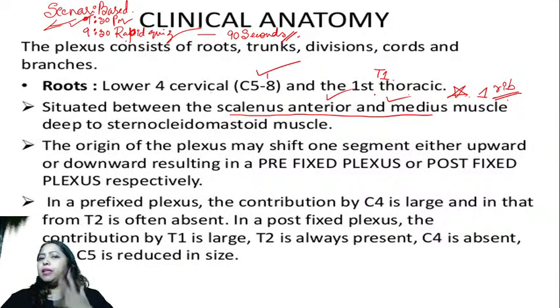If you reflect the skin, the first thing that you see is the platysma, then you see sternocleidomastoid, and if you remove sternocleidomastoid, you will see the brachial plexus.